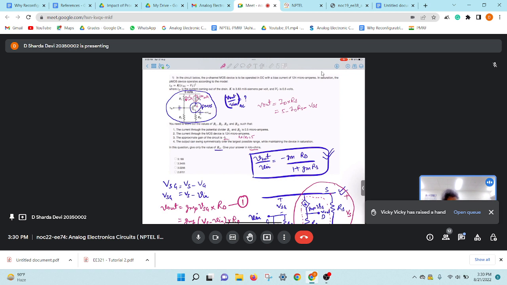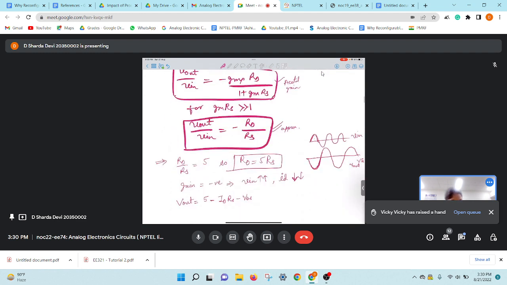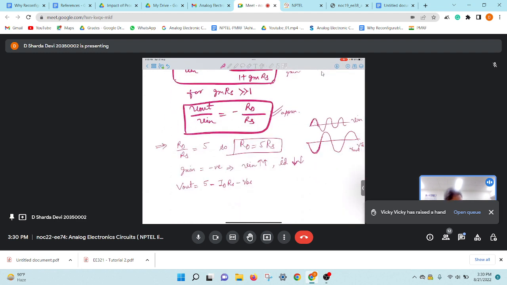We can write it either way. So V out is proportional to ID, so it will also follow the same trend. As we increase the input, the output reduces, and this trend will be followed by current as well.